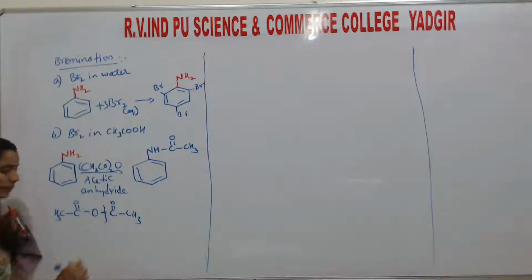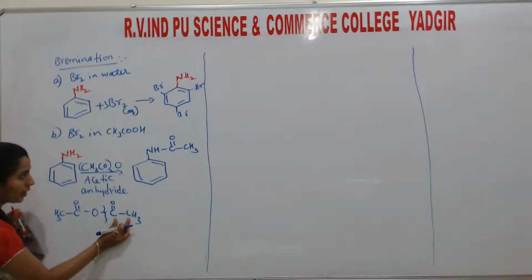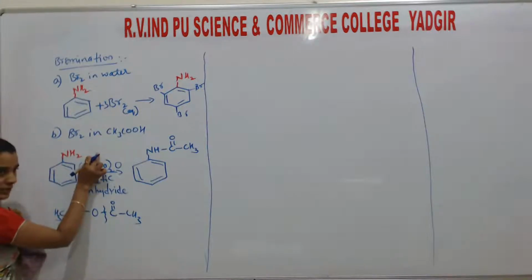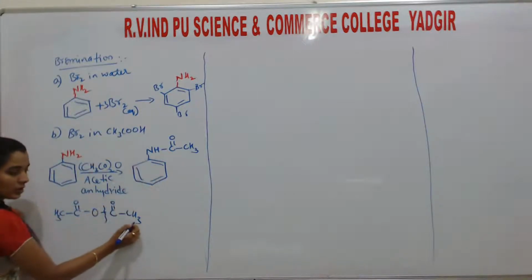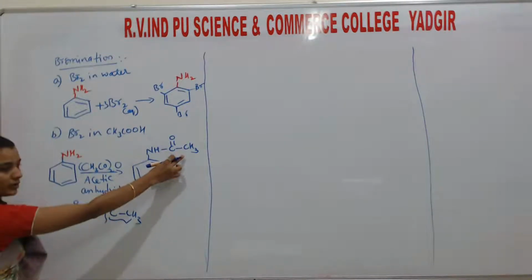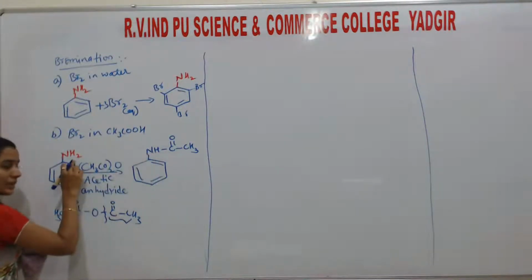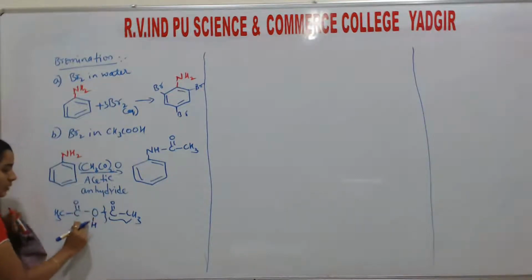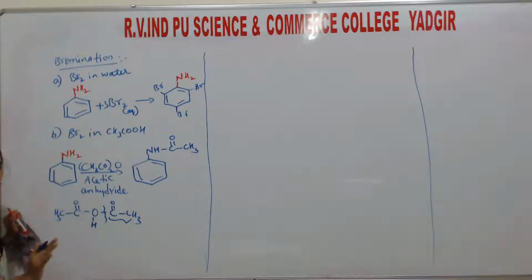Here this bond breaks, so this part is attached to the NH. NH2 is there, one H is removed, and to that NH this part is attached. So NH C double bond O CH3. The H from this aniline reacts with the other part and forms CH3 C double bond O OH, acetic acid.